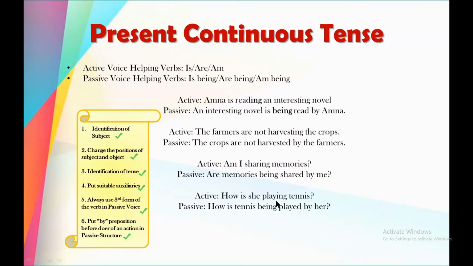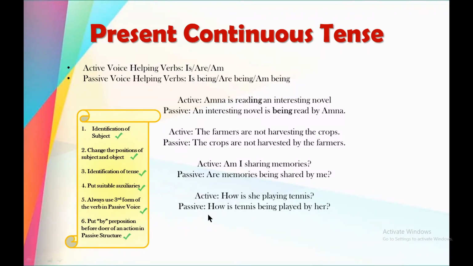So tennis is our singular subject. So is tennis, and then we have to get rid of this ing form, we use being. So is tennis being, and then the third form of the verb with passive structure. So played, and then we have to use by preposition before the doer of an action. So this would become is tennis being played by her.